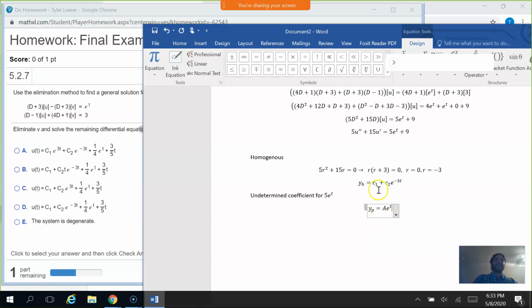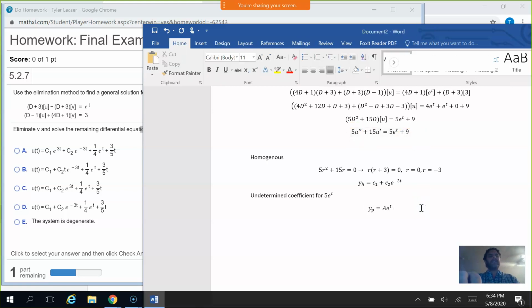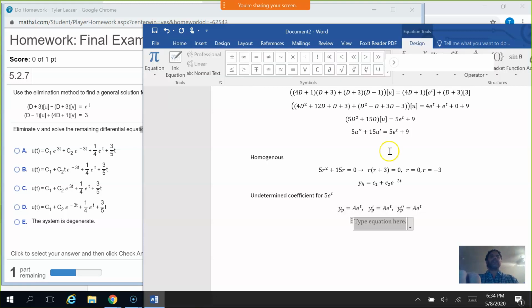But we have to plug that into my differential equation here, which means that we need the first and the second derivative. First derivative of that is just a e to the t. Second derivative is also just a e to the t. So plugging that in, we have 5a e to the t plus 15a e to the t, equal to the right-hand side, 5e to the t.